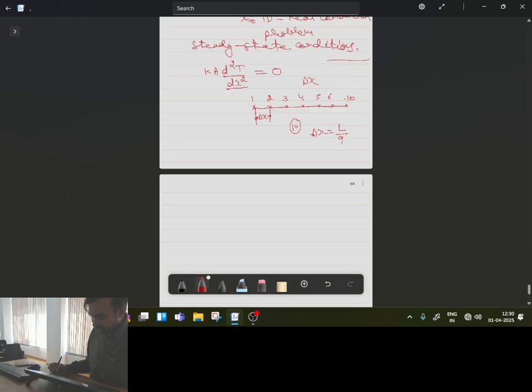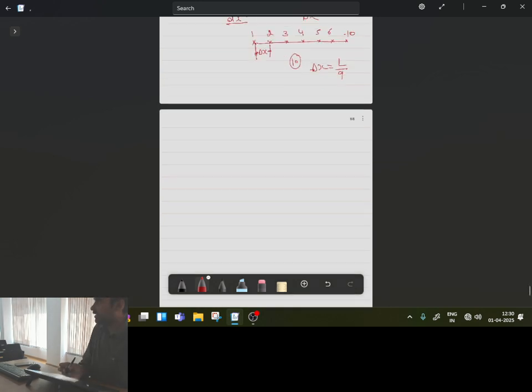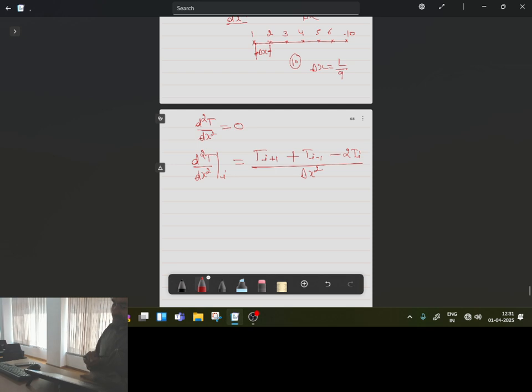In a generic way, I can take k and a to the right hand side, and simply I will get that d square T by dx square is equal to 0. Now in general form, I need to estimate d square T by dx square at point i. What will it be? Divided by delta x square. Okay, so this will be my equation for the ith node.